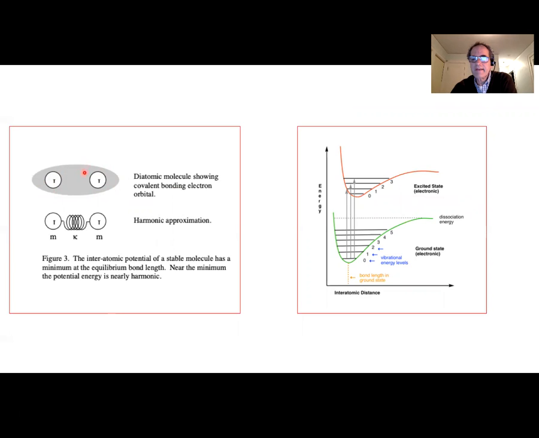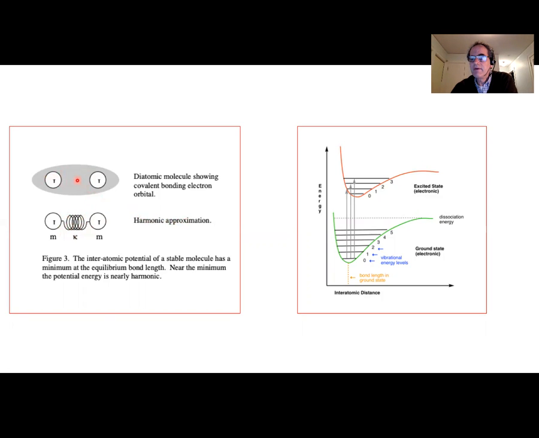What we learned in class is that if we disturb this system, we can get vibrations because the force between the two atoms can be approximated as the force due to a spring. This is called the harmonic approximation. And we found that we got quantized vibrational energy states, a quantized harmonic oscillator.